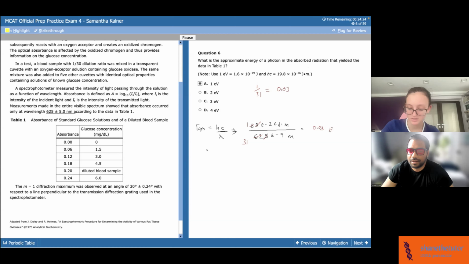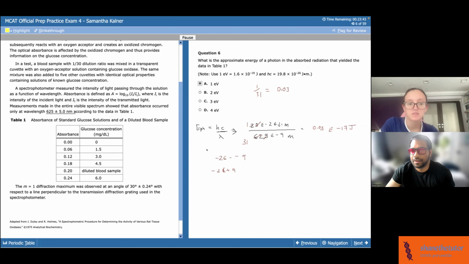So it's negative 26 minus negative 9, which would be negative 26 plus 9, which would be negative 17. That's why you don't want to rush any of the math, because it's really easy to make mistakes. Now this would be the answer in joules.